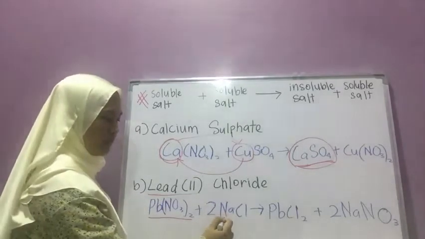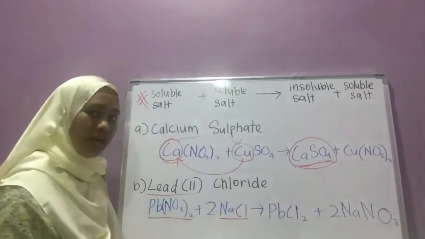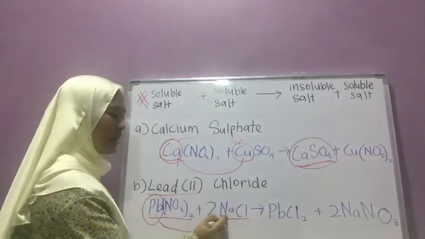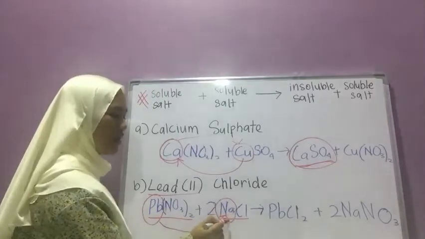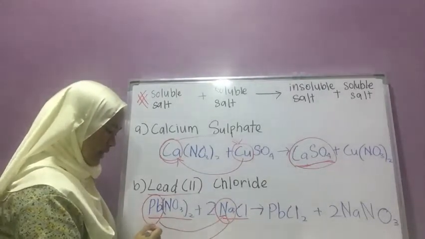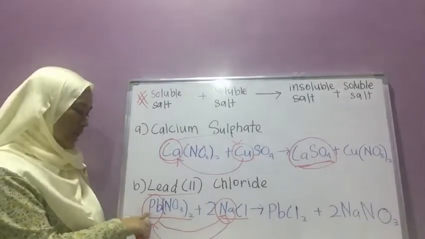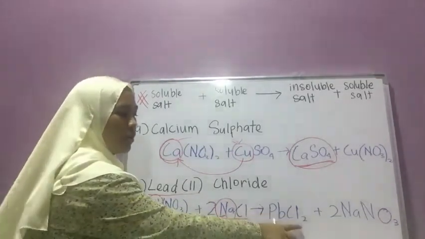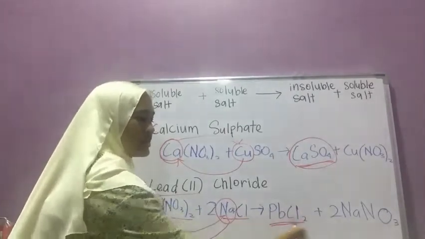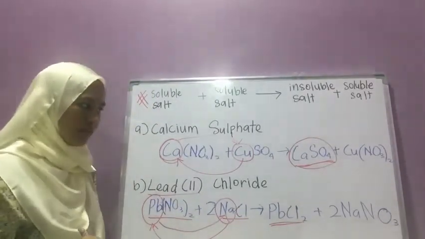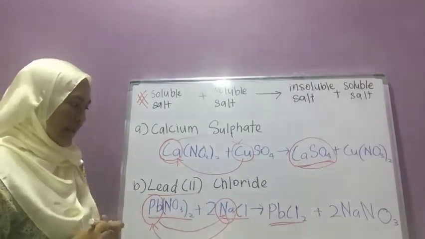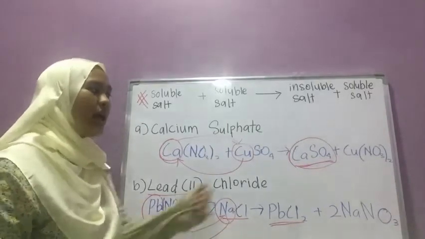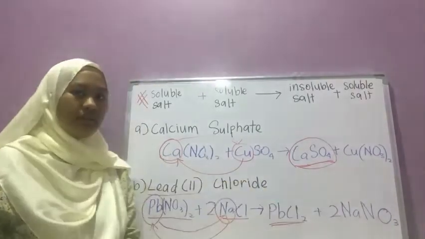Then we use sodium chloride. The lead will replace the sodium and the sodium will replace the lead. Then when lead replaces the sodium, we have lead chloride. This is the insoluble salt. Then sodium will replace the lead, it will become sodium nitrate.